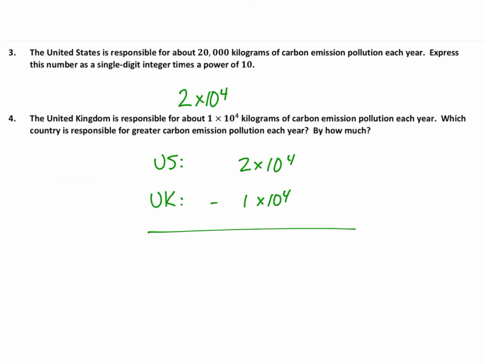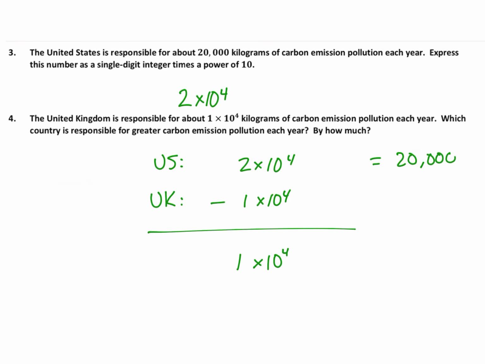You can subtract these numbers to figure out the difference, but the key thing here is these have to have the same exponents. Since they do, all we have to do is subtract the pieces out front and keep the exponent on the 10.